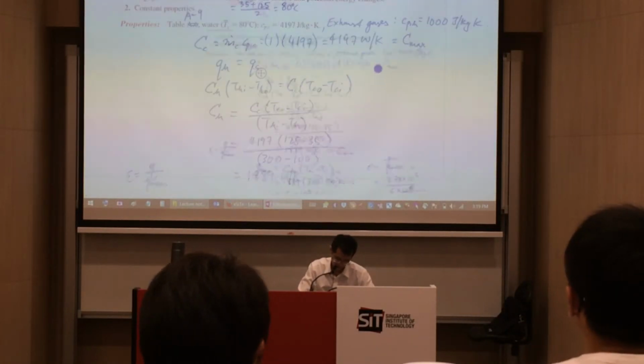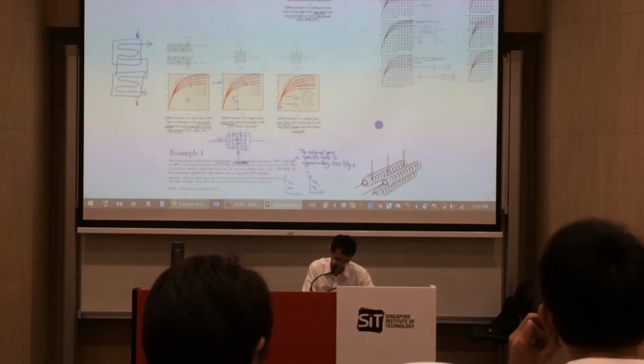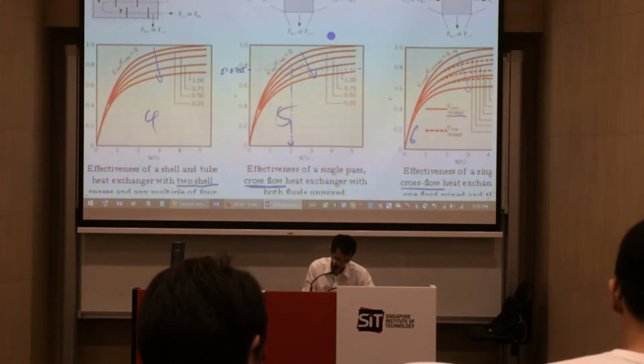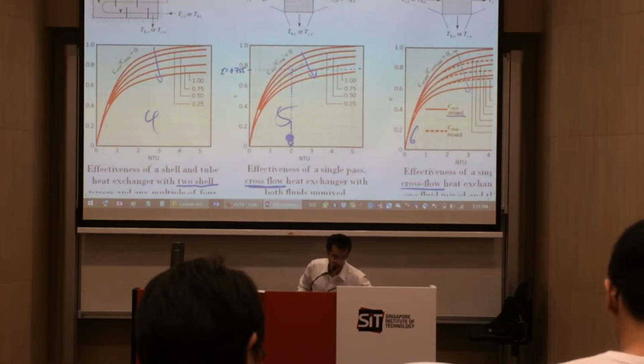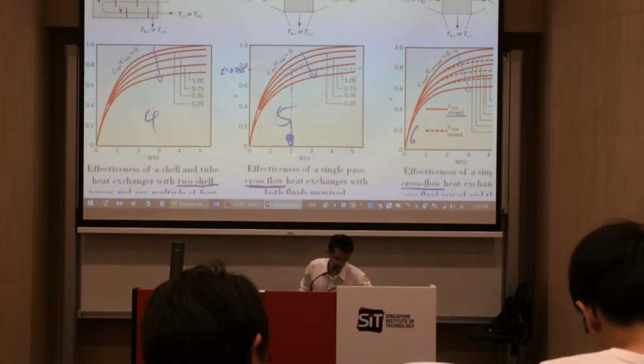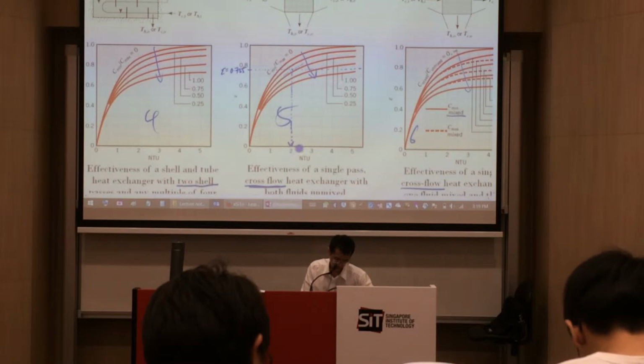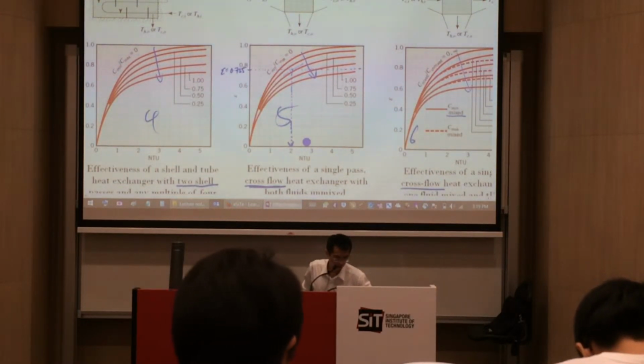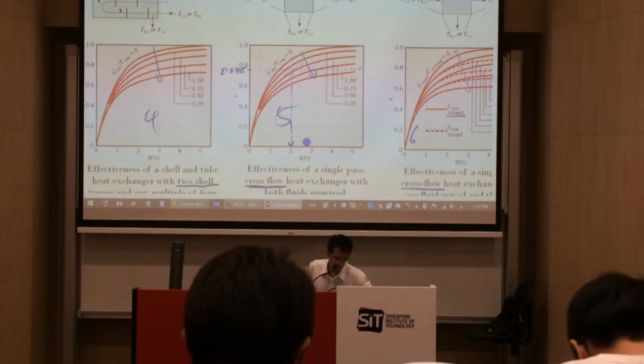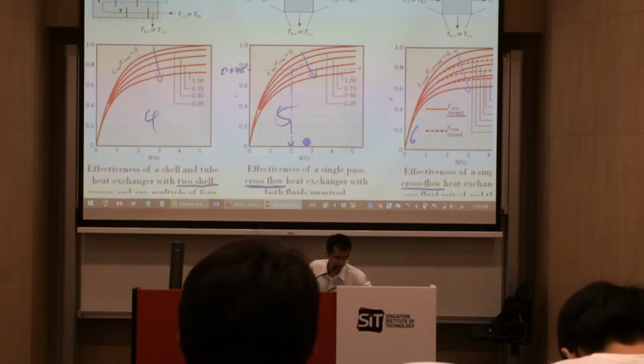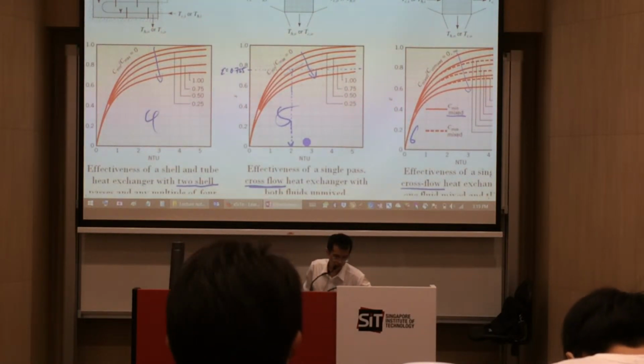It's still going to be on this graph using the NTU that's equal to 2.67, right? And a CR that's 0.357. What is your epsilon, your effectiveness?